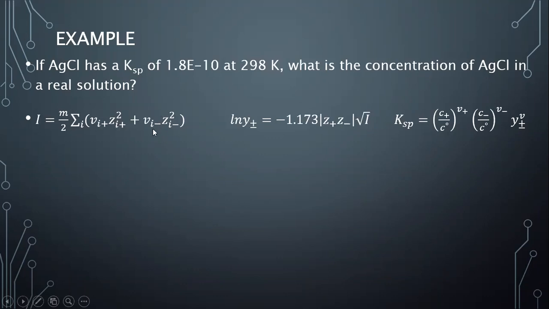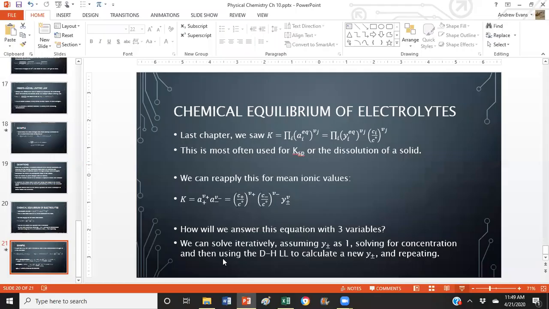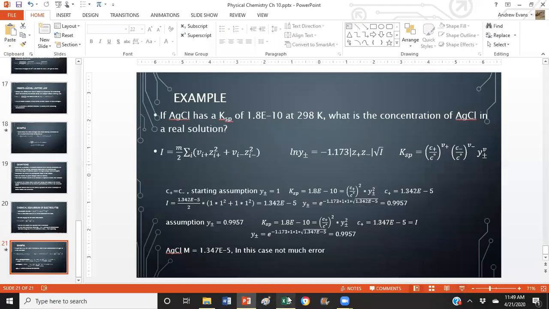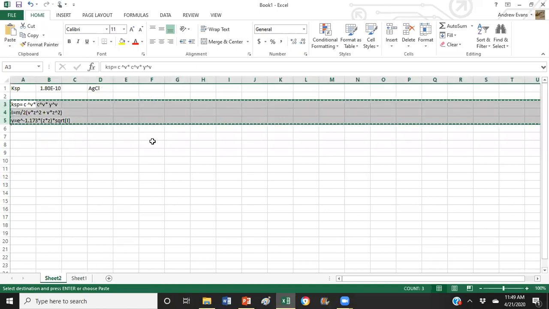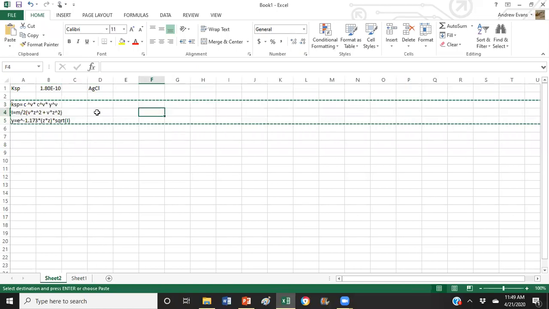So we're going to start by solving the concentration, and we're going to say concentration and molality are essentially the same. So I'm going to switch to Excel. This is actually much easier to solve in Excel than it is to solve on paper. So, okay, let's start with KSP.